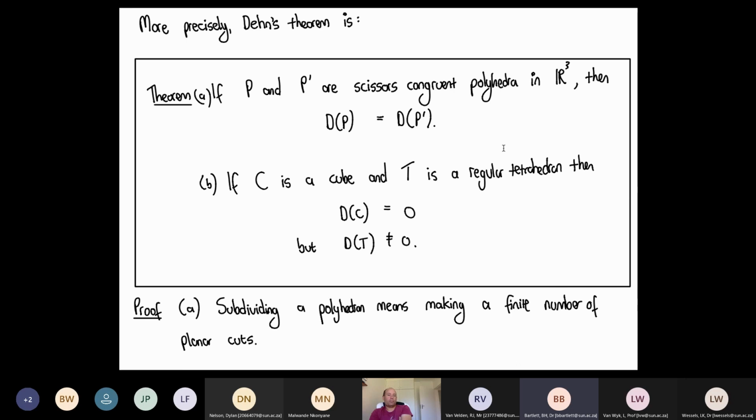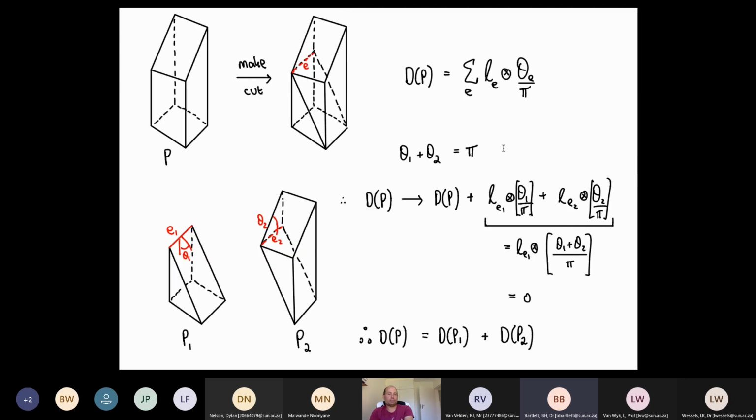So part A, if you subdivide a polyhedron, that means you're going to be making a finite number of planar cuts. You're going to intersect your polyhedron with a plane and chop it up into two pieces that way, and so on. So here's a picture. I've got a polyhedron P at the top left, over here, and then I make a planar cut along this plane here.